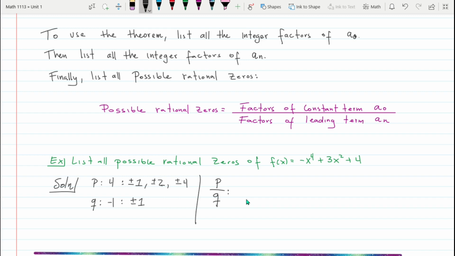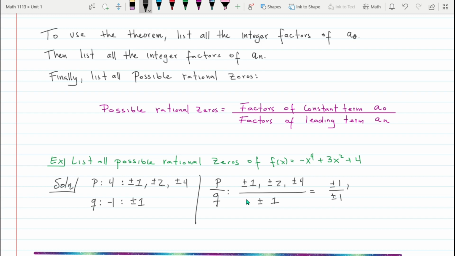So I guess we'll write them out just to get an idea of what we're doing. So we'll get a list like plus or minus 1. So in essence, right, you're doing plus or minus 1 divided by 1.